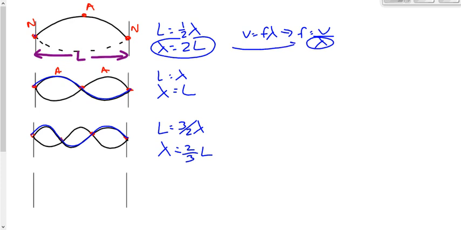So it becomes F is equal to V over 2L. The frequency of the first harmonic, the first resonant frequency, would be the speed of the wave divided by 2 times the length of the string.